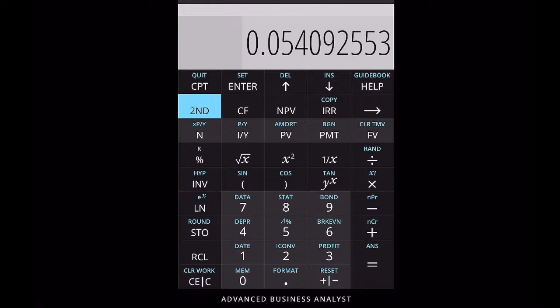Gives me this answer. So this is the decimal result, 0.0541. I will take just 4 decimal places right now.